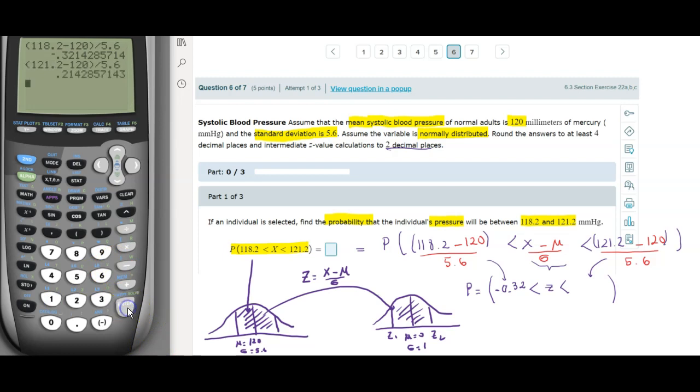Enter, and this again is 0.214, so if you round it, 0.21.